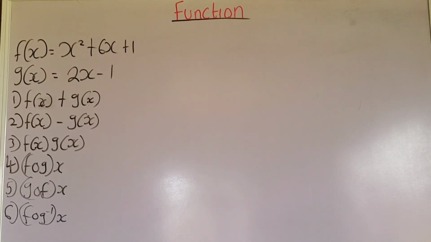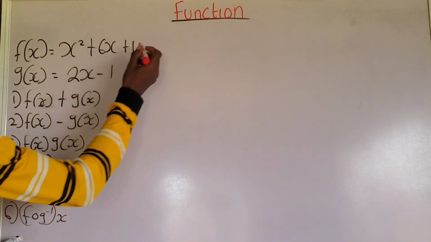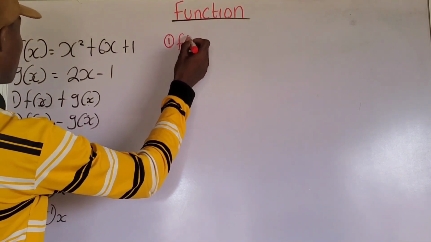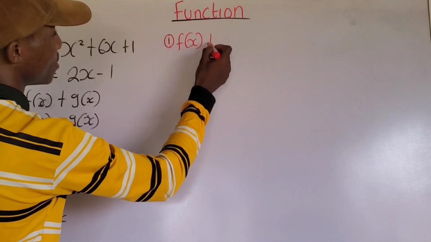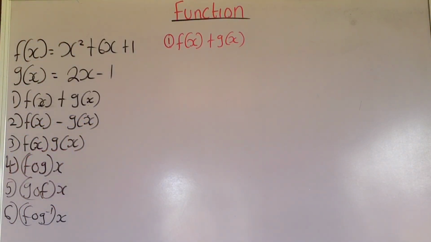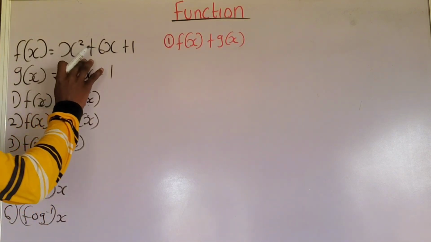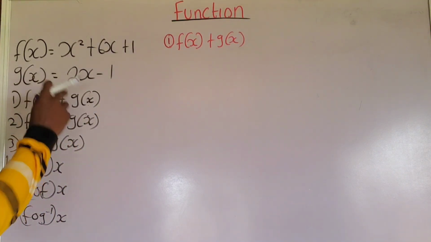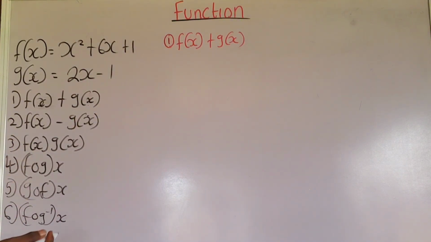Now let's start with the first question. We are asked to determine f of x plus g of x. Now, how do we find f of x plus g of x? All you have to do is that, since you know that f of x is x squared plus 6x plus 1, and g of x is 2x minus 1, you just have to take their sum, okay?